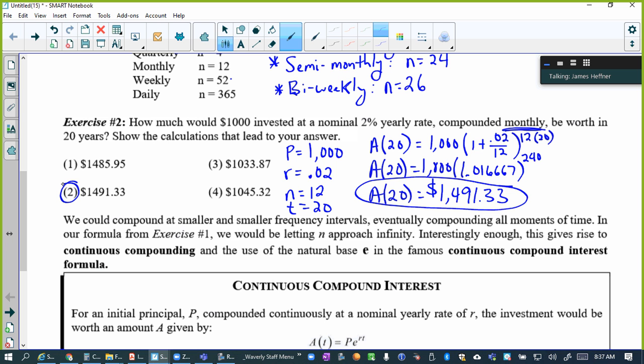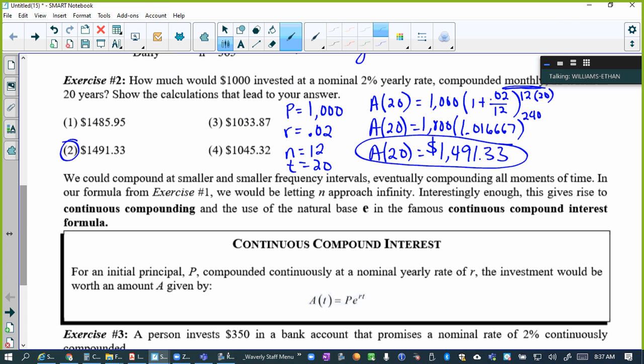So there's one other type of compounding that you might see out there. And I think you guys have heard of continuous compounding. Does anyone know what that means? No. Okay. So if we compound quarterly, it's 4 times per year, right? If you compound monthly, it's 12 times per year. Everybody agree? Compound daily, it's 365 times per year. Well, what if we compound every hour?